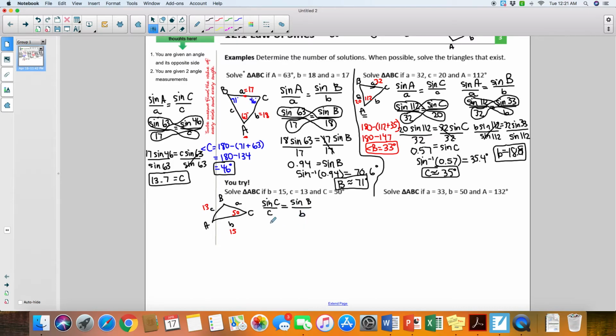Then you should have substituted your information. That would have been sine of 50 over little c, which is 13, and then sine of capital B over little b, which is 15. Then you would have cross multiplied.